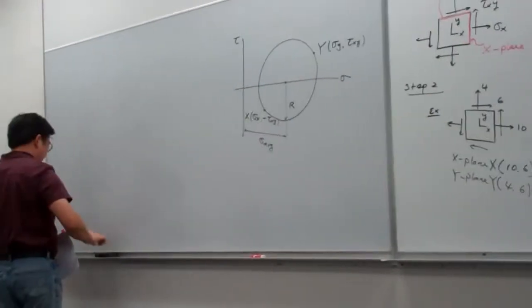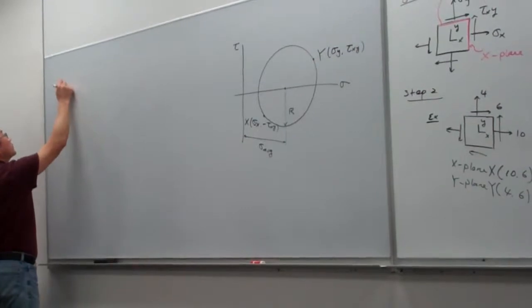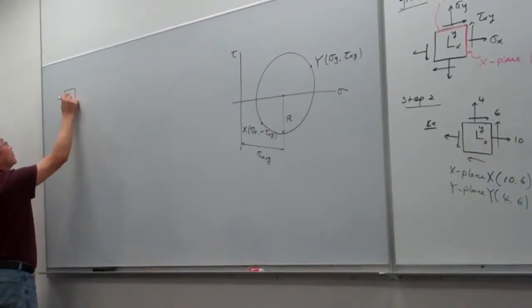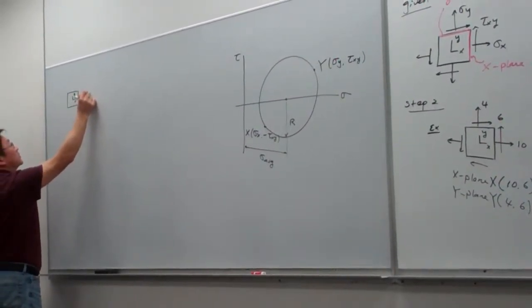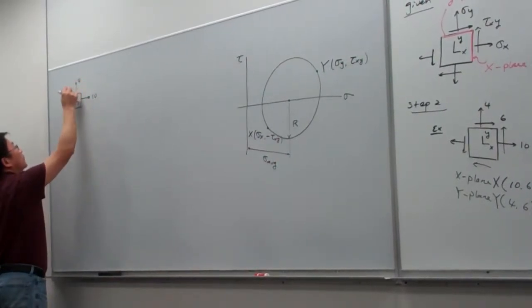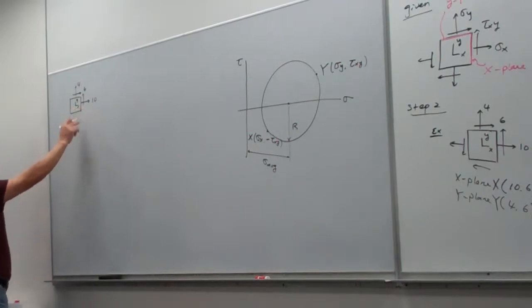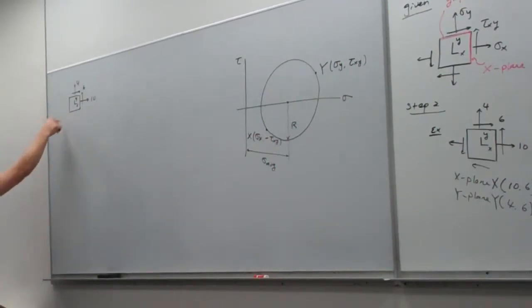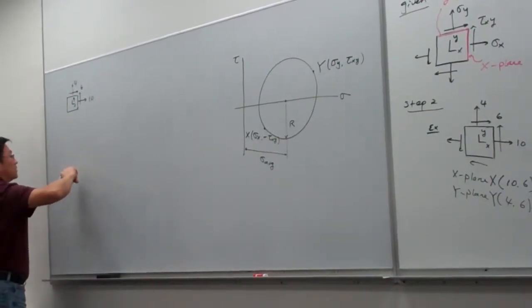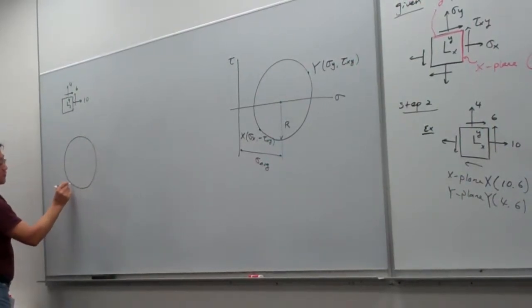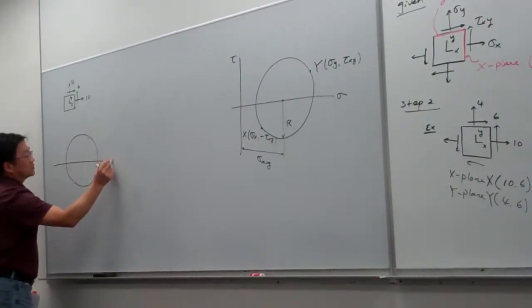So for the first example here, let me draw this one again. X, Y, and this is 10, 4, 6. And let me skip the other drawing. So for this circle, we make the circle here, and this is sigma.